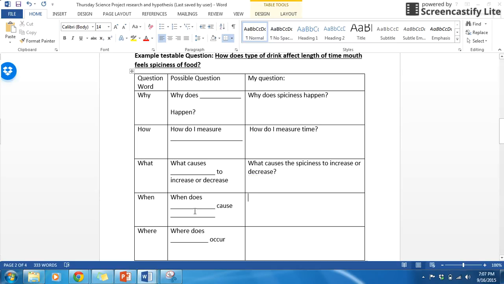So when does blank cause blank? And relating this to my drink, I'm going to write down, when does the drink affect the spiciness of the food? That would be a question that I would ask.